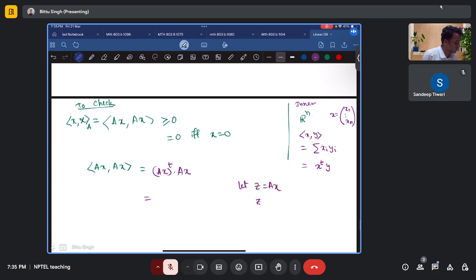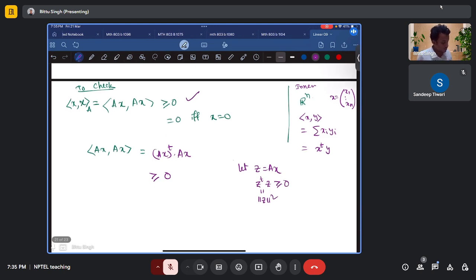Then we always know z transpose z is greater or equal to 0, right? This is the same as the norm of z squared, so it is always greater or equal to 0. So the first property is holding.